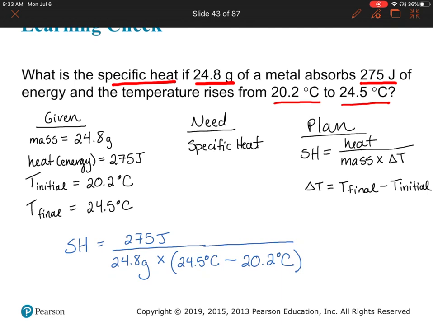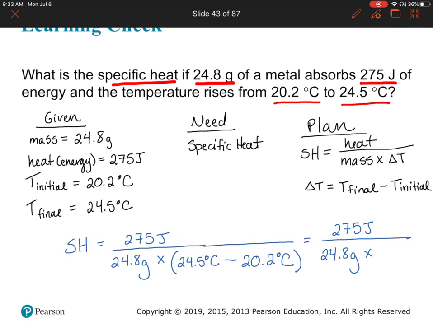Okay, so let's simplify this. So let's figure out our change in temperature. So I'm just going to rewrite the other two values. Okay, so I've got my calculator handy. So we've got 24.5 degrees Celsius minus 20.2.